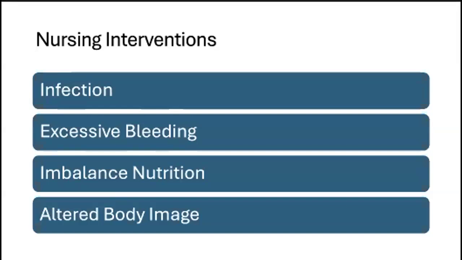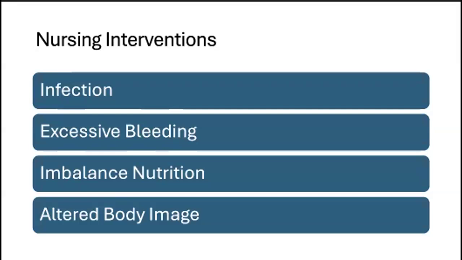They might require parenteral nutrition. We want to encourage high protein, high calorie. If they're having mouth pain, give analgesics before meals so that they can get their meals down. Good monitoring of I&Os. Involve the child in their food choices. This is a good time to collaborate with dietary.